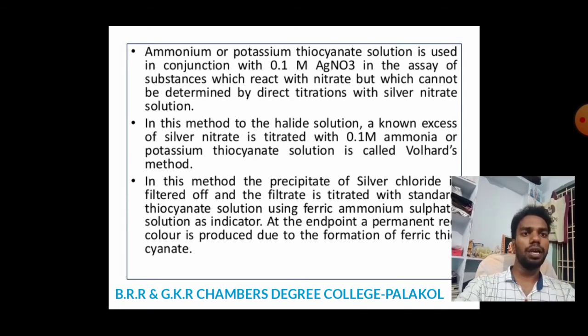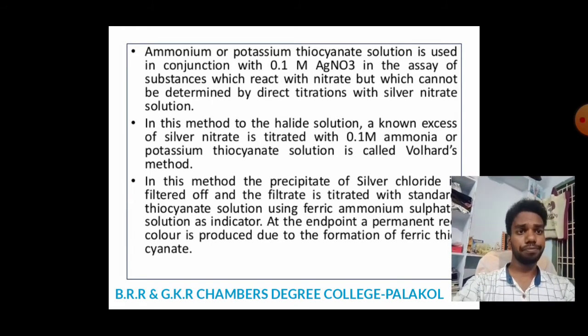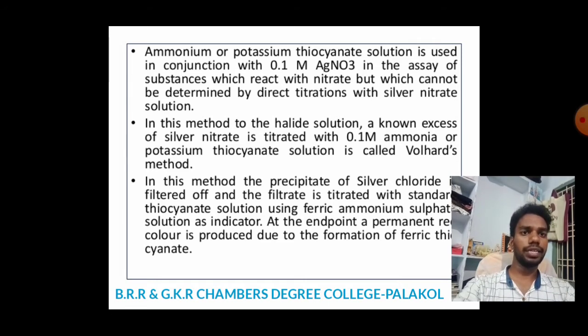In this method, the precipitated silver chloride is filtered off first. If necessary, you must filter off the silver chloride, and the filtrate is titrated with the standard thiocyanate solution using ferric ammonium sulfate as indicator.